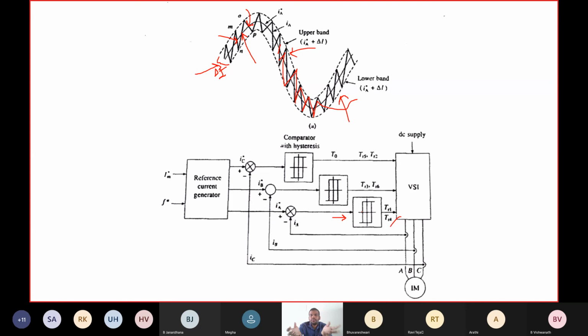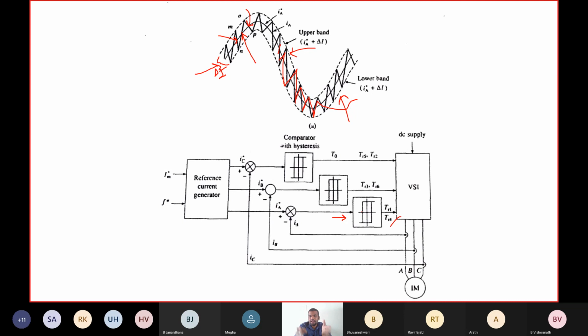TR1 and TR4 are not switched on simultaneously or continuously. They are switched on and off repeatedly, and based upon that we are switching the devices.